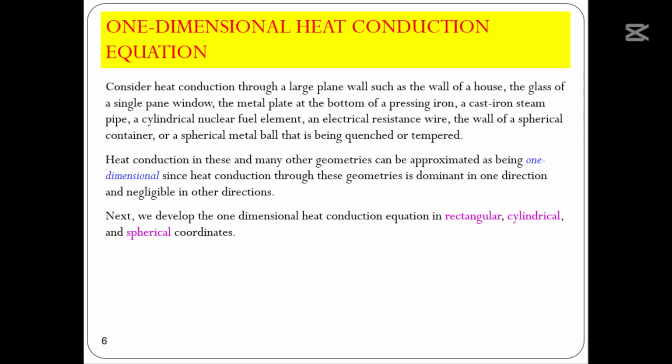The heat conduction in these and many other geometries can be approximated as one dimensional, since the conduction through these geometries is dominant in one direction and negligible in the other directions.